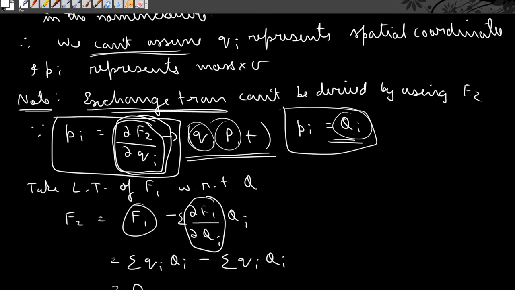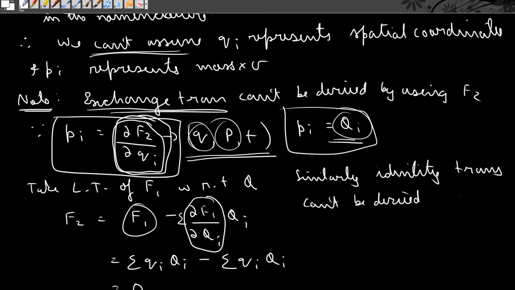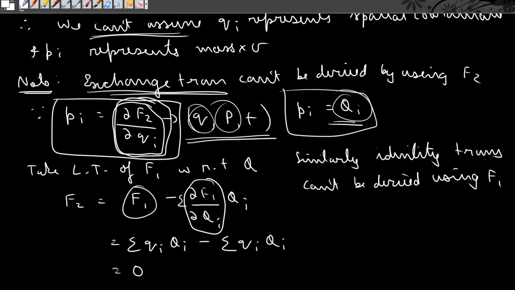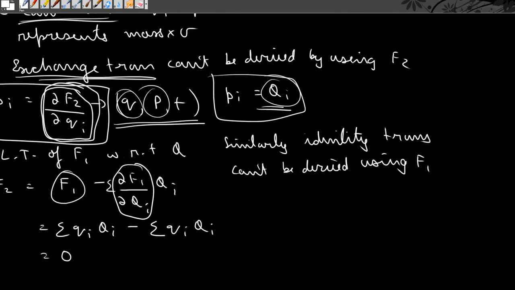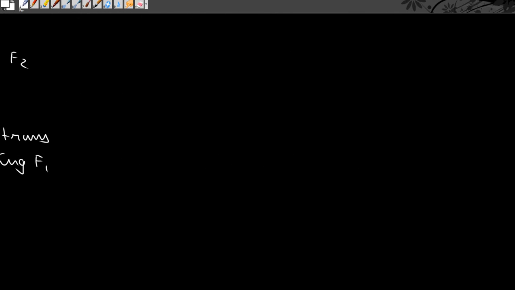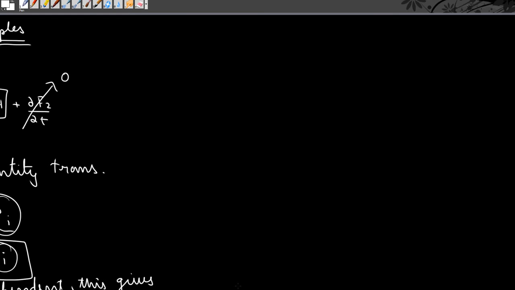And similarly, our identity transformation cannot be derived using F1. So that is why we need the 4 different types of generating functions, because initially when you look at it, it seems like any canonical transformation can be obtained by using just one kind of generating function, but as we saw, that is not always the case.